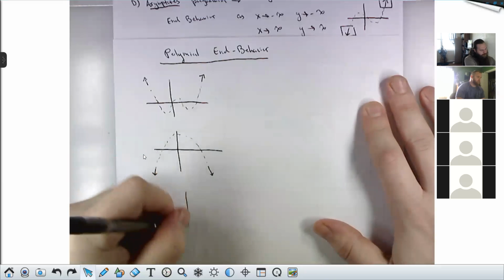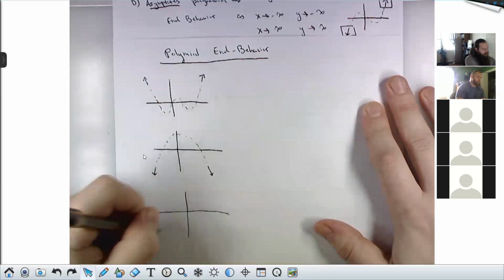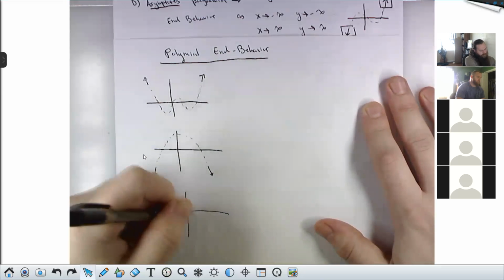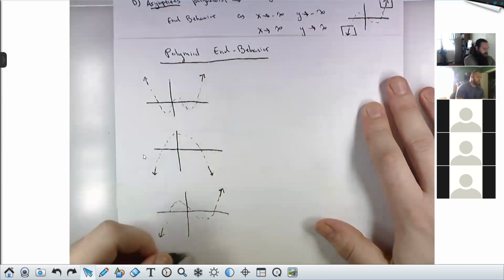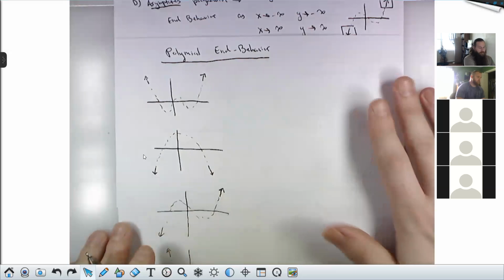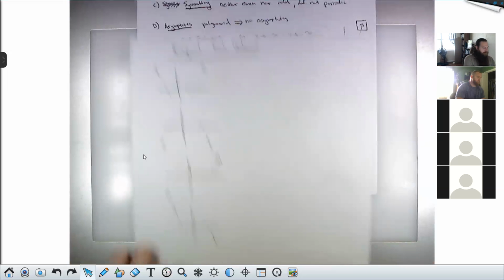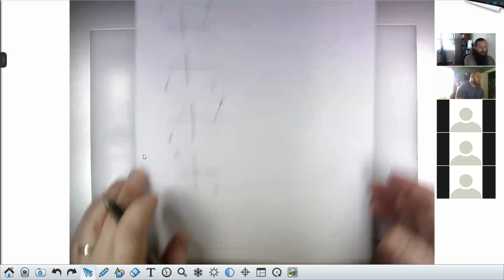Or up on the right, down on the left. Or the reverse of that, up on the left, down on the right. So these are the 4 possible end behaviors for a polynomial.